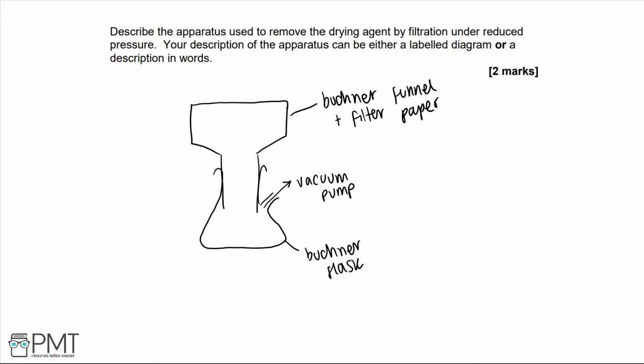So you can tell here on the diagram that it's airtight because there's no spaces between the funnel and the flask. So that's how you get the 2 marks for this question. So 1 mark for your basic diagram, 1 mark for the labels, or 1 mark for Buchner flask connected to vacuum pump, and your other mark for Buchner funnel with filter paper.